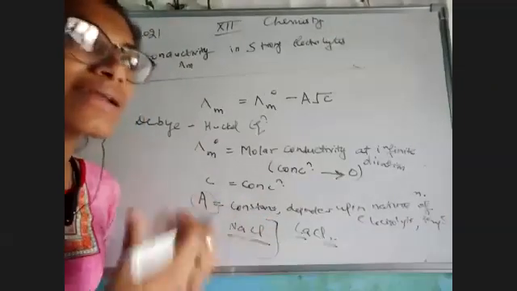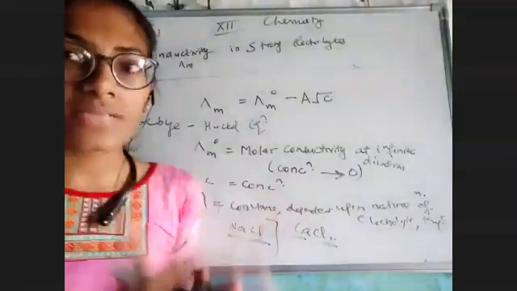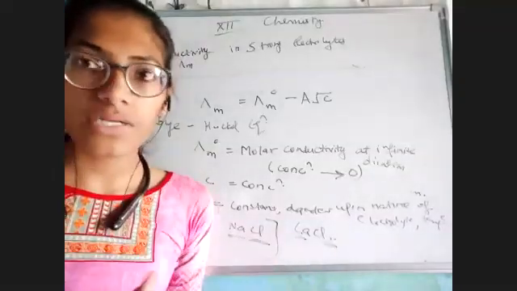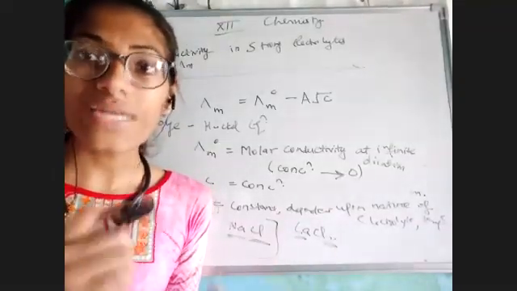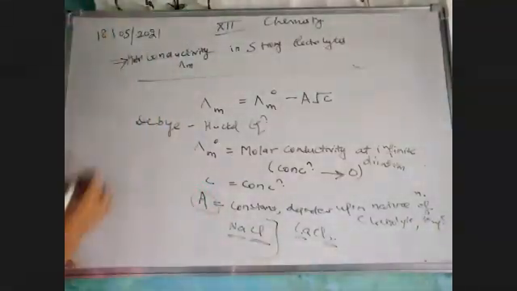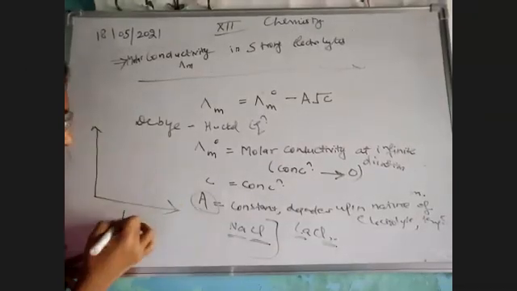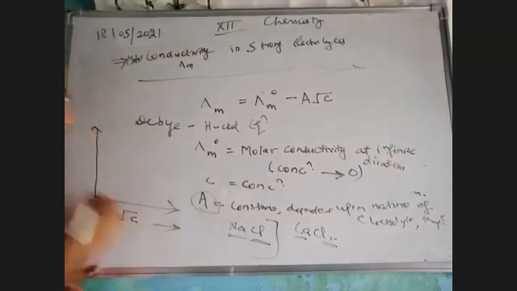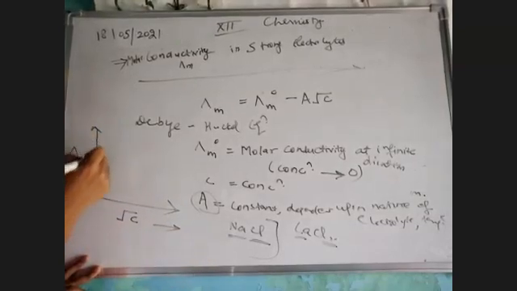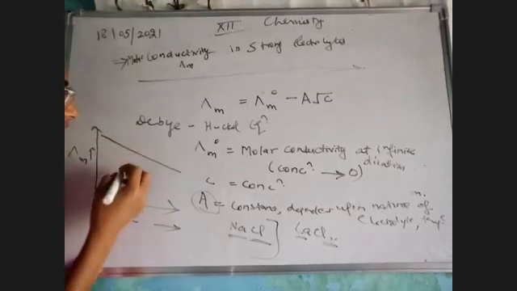Now, what had actually happened when he put this equation together to calculate a relation between dilution and the molar conductivity of strong electrolytes? What he observed is that whenever we plot a graph between the concentration and the molar conductivity, we get a straight line.